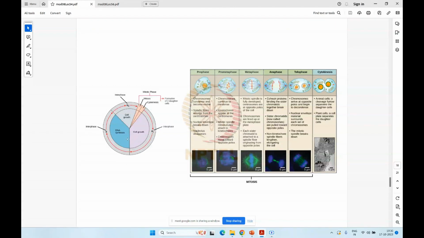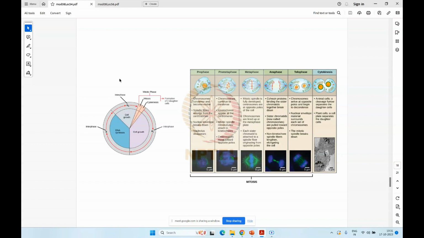There is the S phase, where the cell's DNA is duplicated, and more proteins are synthesized so that it has enough material to divide into two cells to generate two daughter cells.